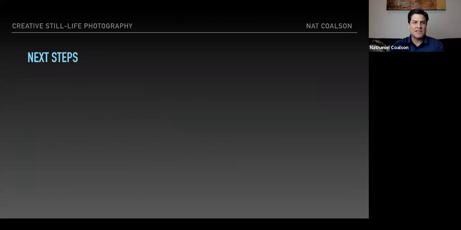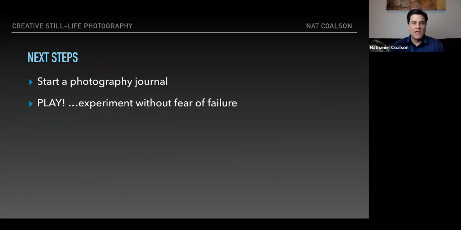So here are some next steps. Start a journal. Really just keep a little notebook with you and write down your ideas. Obviously, we're trying to have fun here with our photography, so you've got to play without any fear of failure. It's all a process, right? And if the results don't come the way that you want or expect right away, you just keep doing it and doing it. And you've got to enjoy what you're doing.